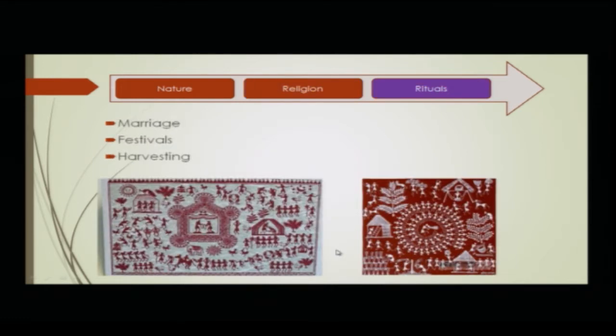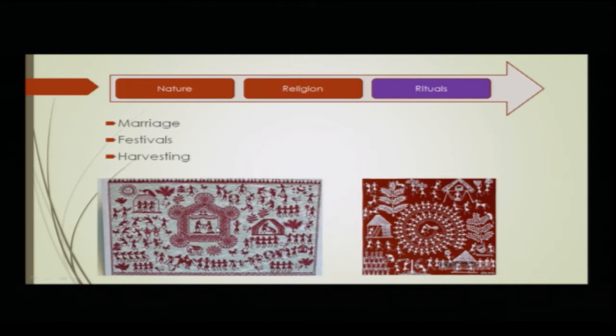And moving on to the rituals that they do, this is another source from which they got inspiration for their artwork, such as marriages, festivals, and harvesting. In the left bottom painting, we can see that this painting is made on their walls, and in the middle of the painting there are two married couples.